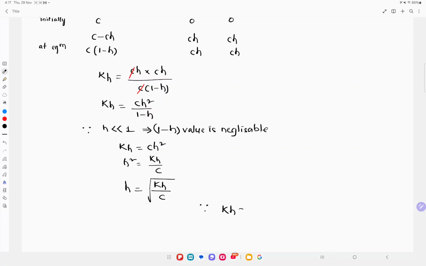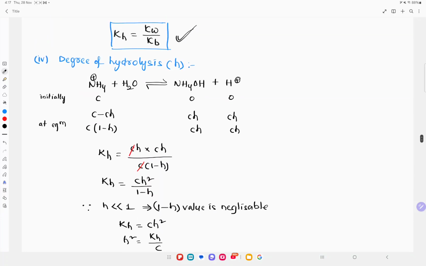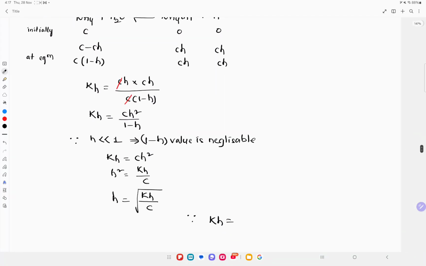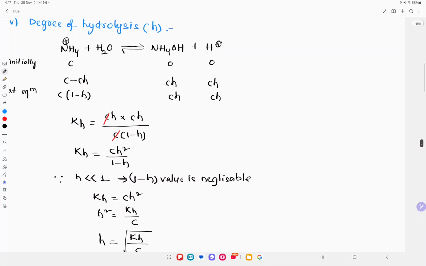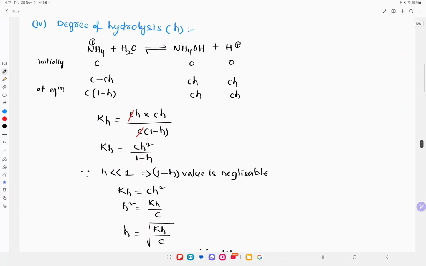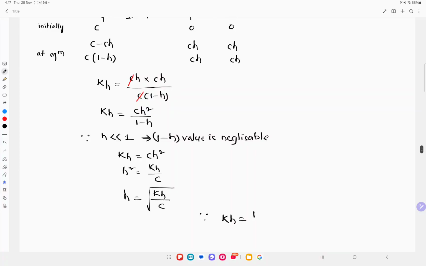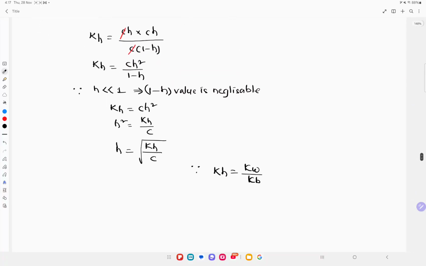KH is equal to what? Look above, KH is equal to KW by KB. So from this what we can write?